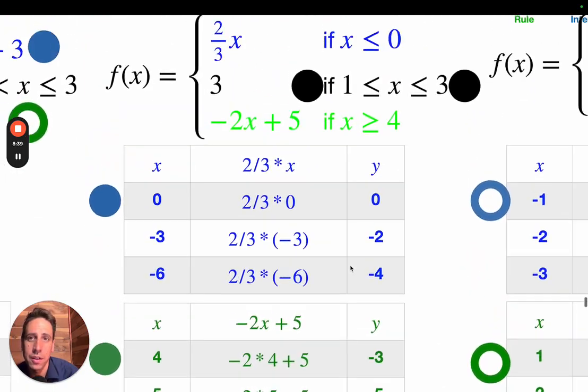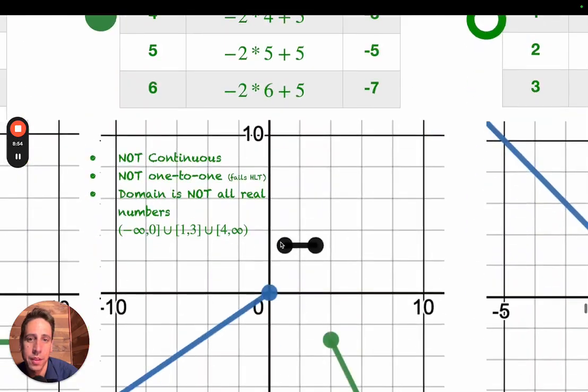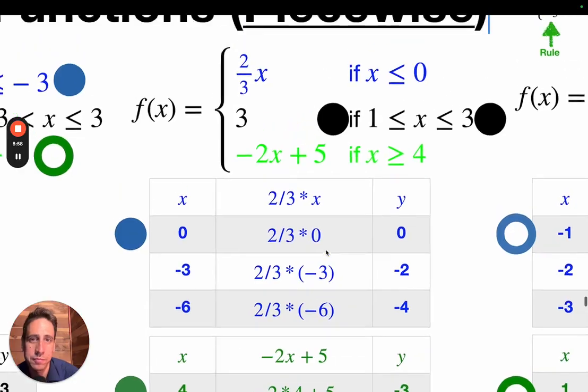But we're only going to consider the x values between 1 and 3. There's an or equal to symbol on both of these, so we've got solid dots here: a solid dot at 1, 3, and a solid dot at 3, 3, as you can see right here. And connecting everything in between.